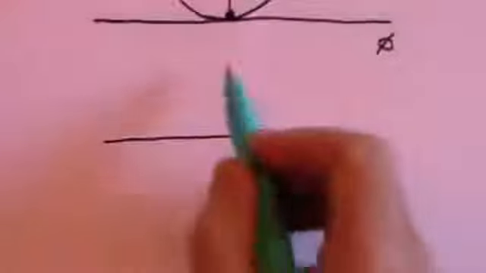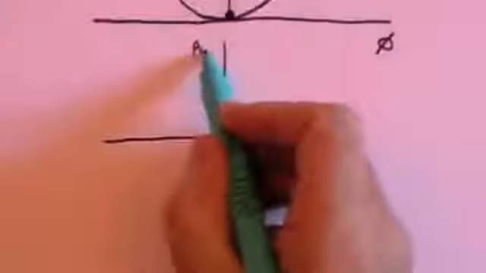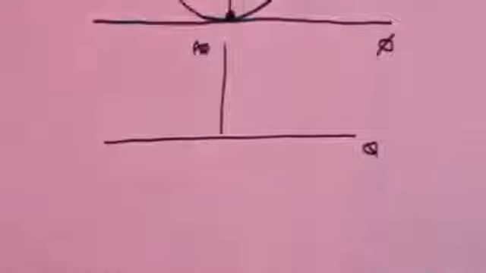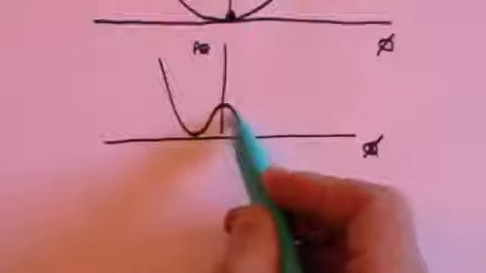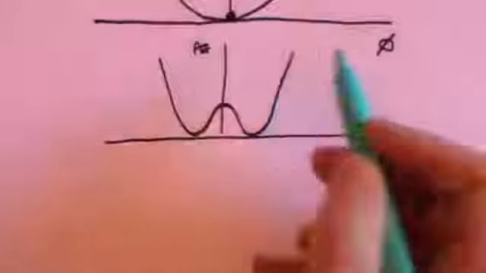But suppose that the diagram instead, this is still potential energy against, that should be phi, not Q, against the field. Suppose it looks something like this, which is going to be in 3 dimensions.